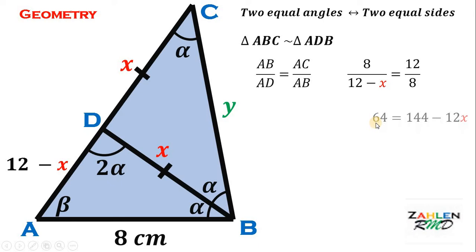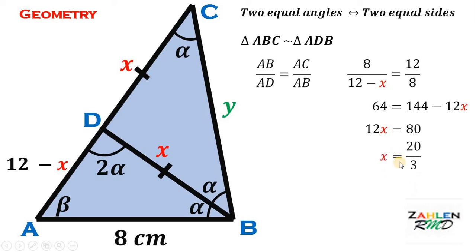Therefore, the left-hand side becomes 64 because 8 times 8, and the right-hand side becomes 144 minus 12x. Now, subtract 64 from both sides and add 12x to both sides, and we get 12x equals 80. Now, divide both sides by 12, and we get that x is equal to 20 over 3.